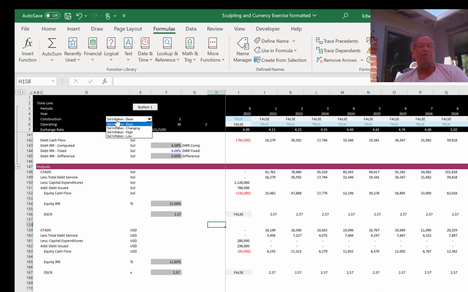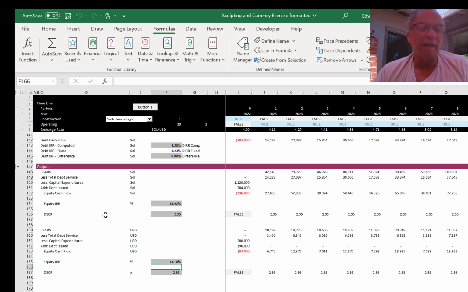And if we put our high case in, so right now it's 11.85. If I put my high case in, then I have to rerun this, and the equity IRR gets to be 13%.